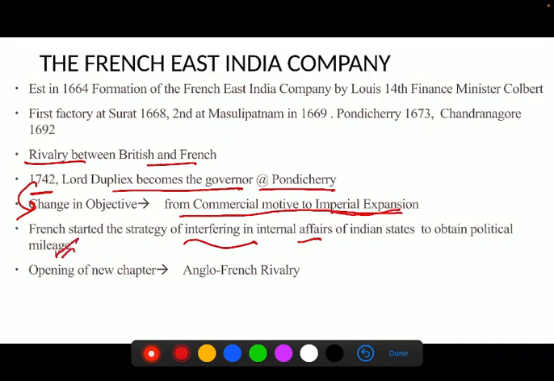I will tell you later in the Carnatic War, and this gave a new chapter of Anglo-French rivalry, which we will see in the Carnatic War.